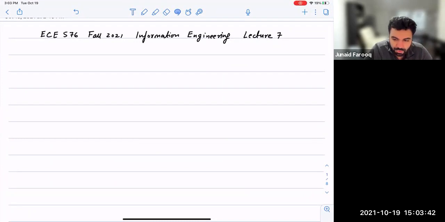And today we are going to move on towards another topic, which is one of the components of the communication system that we've been talking about. So until now, we've developed the basic formalism with which we can measure and quantify information.